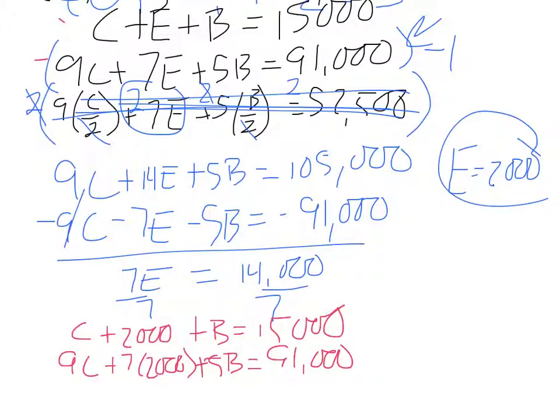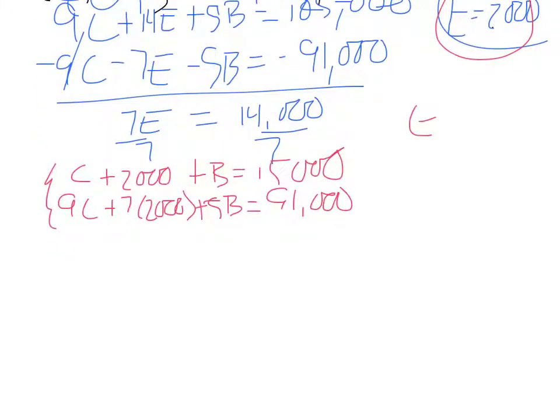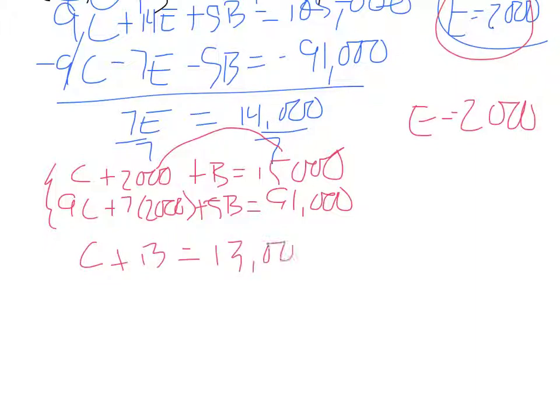So we've substituted this E into both of these equations, rewritten them down here, and now we just have two equations with two unknowns, and we know that E, the number of end zone seats, is 2,000. So here I'm going to move the 2,000 over, subtract 2,000, so C plus B equals 13,000. Here, that's really a 14,000, so I have 9C plus 5B. If I take 14,000 away from 91,000, we're going to get 77,000.